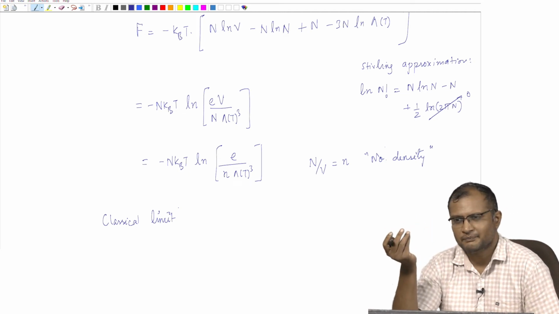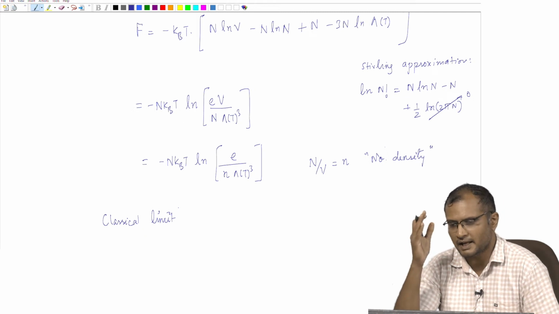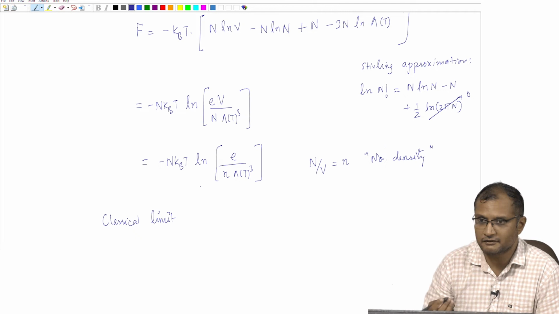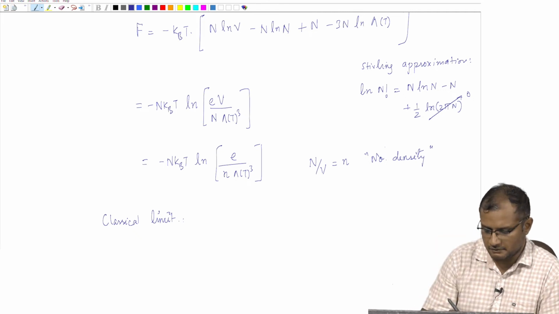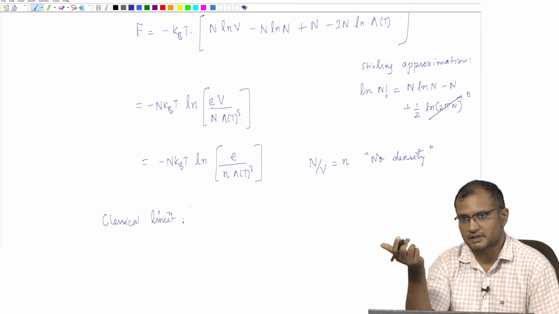So, these are basically the limit of quantum mechanics where the wave function of a particle is highly localized, which means you do not need a wave picture for a particle. Particles are treated as sharp, distinct objects with deterministic dynamics.